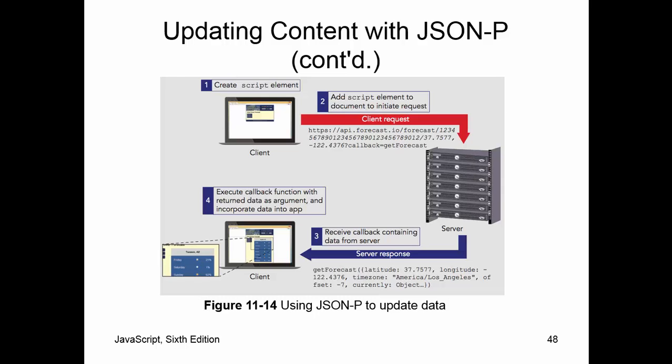Although each web service specifies exactly how to craft the JSON-P URL, it generally consists of two parts: the request information and the callback query string. The request information will include the URL of the service and any necessary parameters. The callback query string will append a keyword and the name of a function in the app to be called to process the data returned from the web service. It's often the word callback.